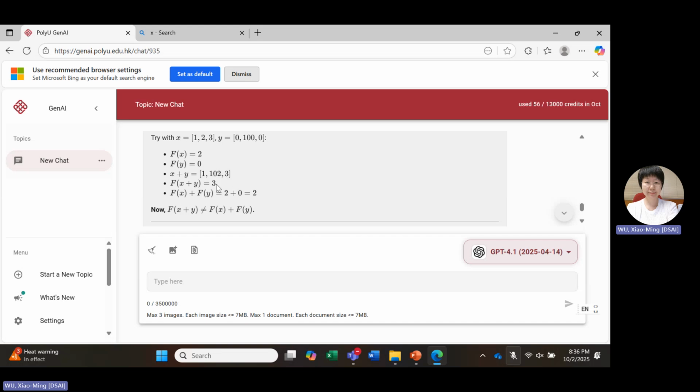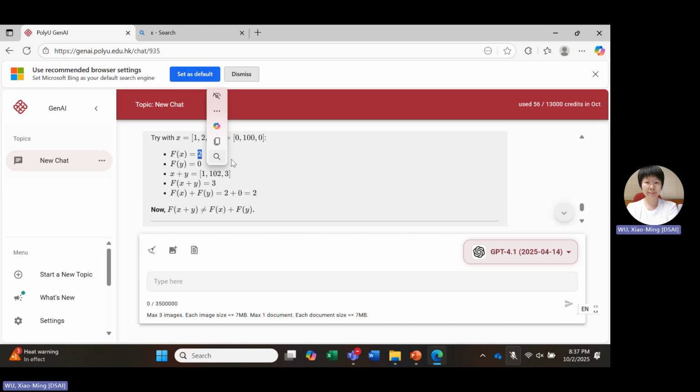So the median should be 3. And clearly, 3 is not equal to 2 plus 0, which is 2.